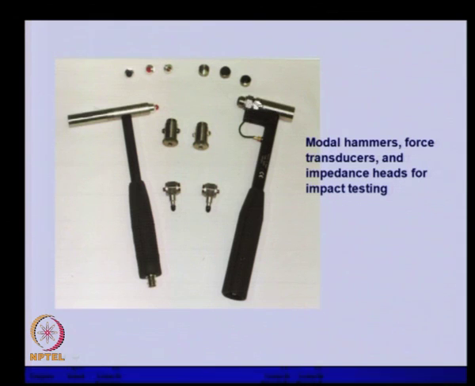The advantage of this is that whatever impulse we are giving to the machinery, we can also measure it, because there is a force measurement sensor attached here. And for the tip of the hammer, we can have a variety of tips like rubber tip or aluminum tip or steel tip, and depending upon what kind of frequency range we want to impart, these tips can be chosen.